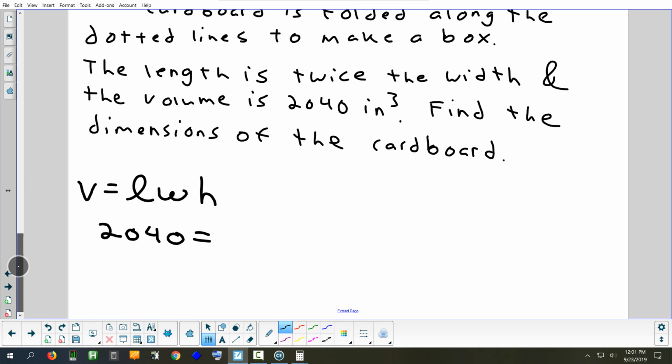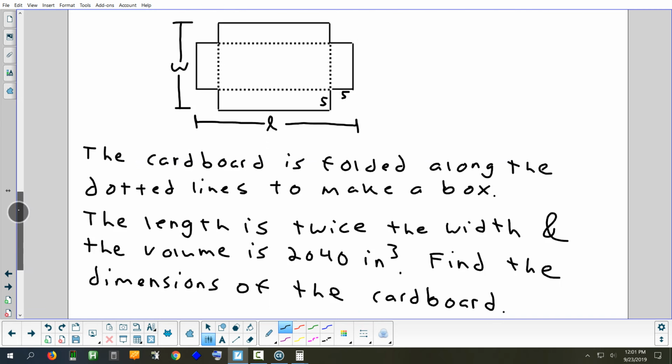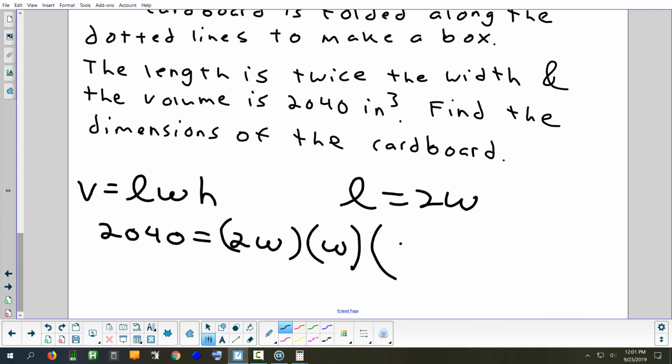The length is twice the width. So this formula is going to have everything in terms of W. What's my width? W. And what's my height? 5. When you fold it up, it's 5.